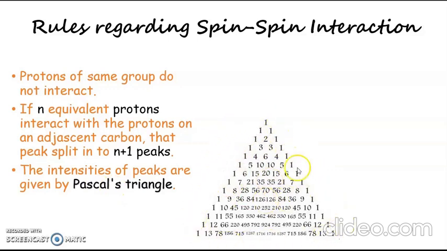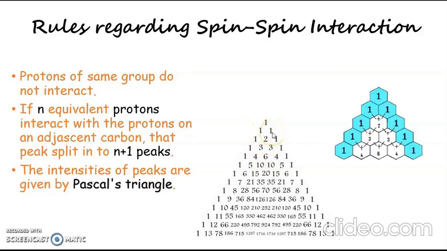How can we find the intensities? First we write 1, then left and right 1, 1. For writing the Pascal triangle in an easy way, you write 1, 1 in the left and right positions. Then you add the 1 and 2, giving 3.